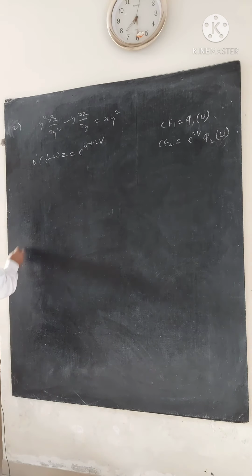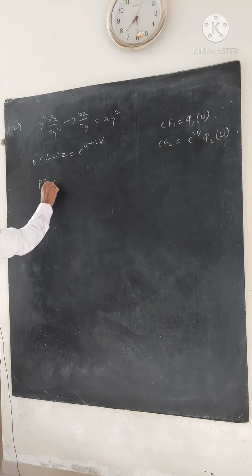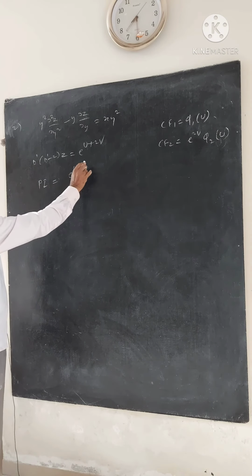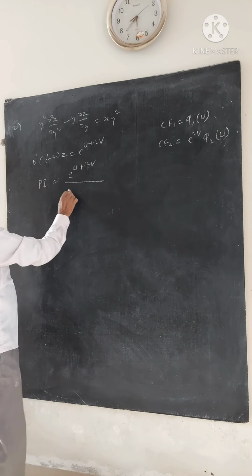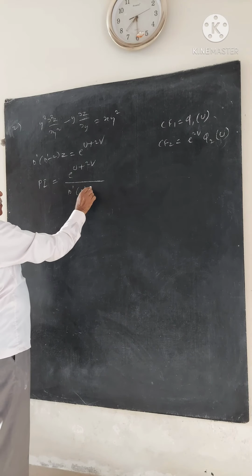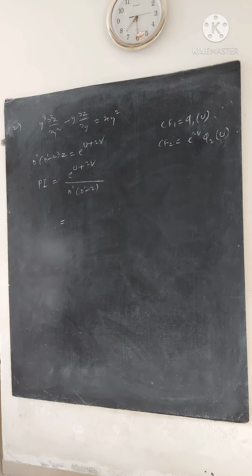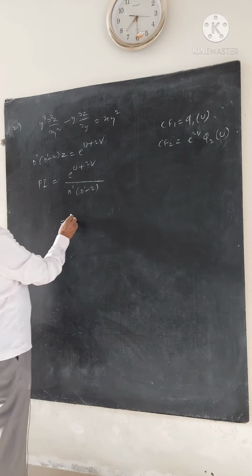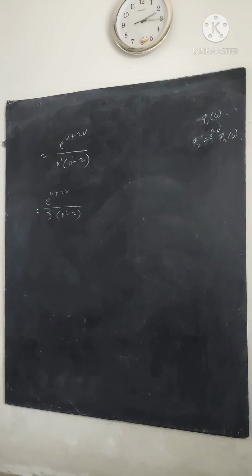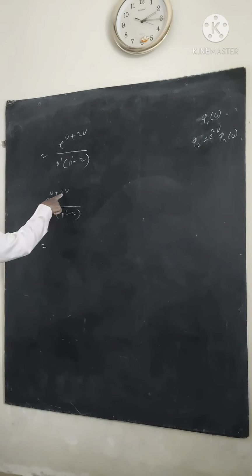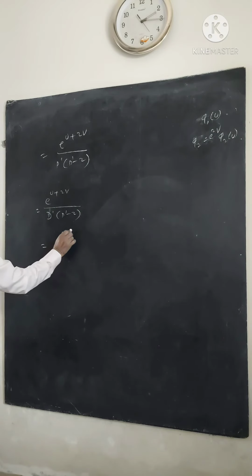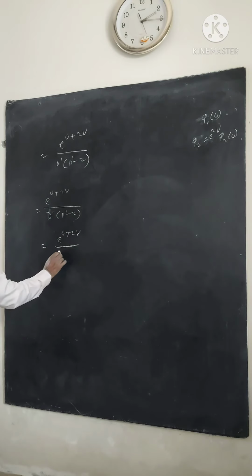Again, taking PI, particular integral: e power u plus 2v divided by d dash into d dash minus 2. Put the coefficient of v for d dash, so e power u plus 2v divided by 2 into 2 minus 2.